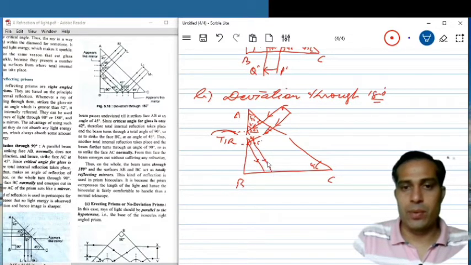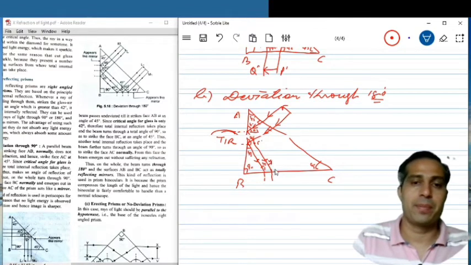Again it falls at this surface. This angle is already 90, and this angle is 45, as we know. So this is the normal line. This is again 45, and this is again 45, because the total angle is 90.